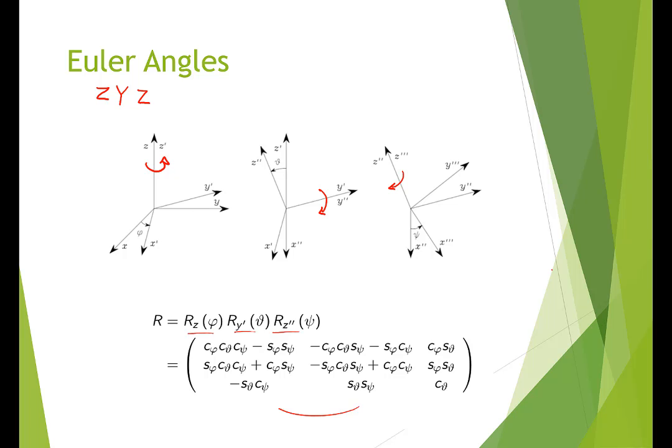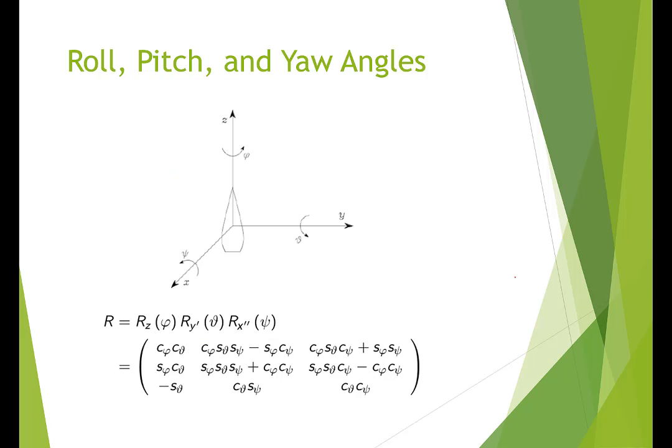There are other ones as well, like for instance roll pitch yaw. Roll pitch yaw is basically a Z rotation, Y rotation, X rotation, and all of them about the already rotated frame. If you multiply these elementary matrices for Z, Y, X in this exact order, you get this final rotation matrix, and you can see this is different from Euler angles.